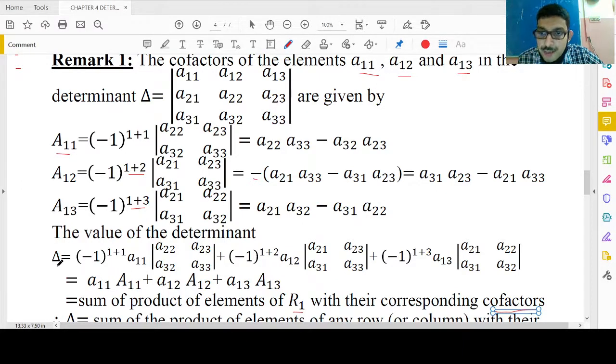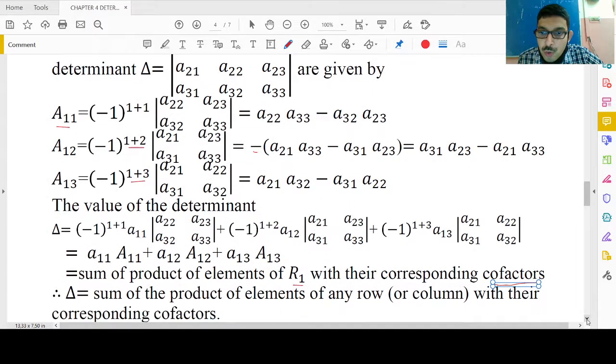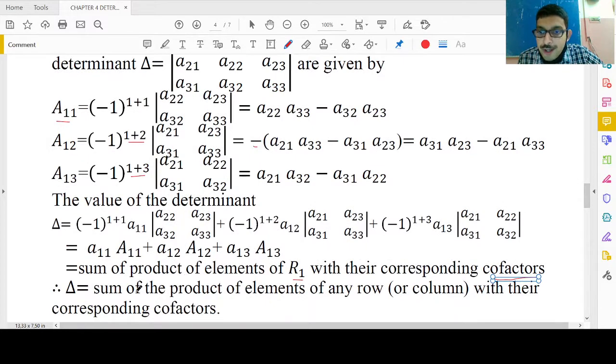This is applicable to any row or any column. You find the sum of the products of the elements of any row or column with their corresponding cofactors, and that will be the value of the determinant.